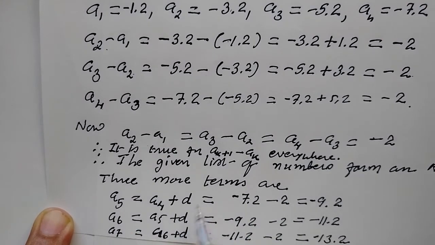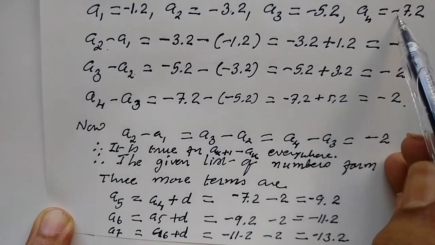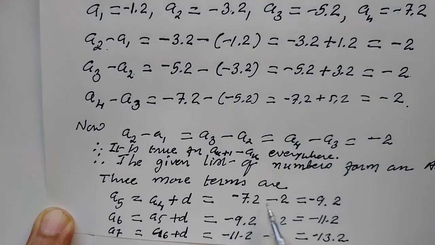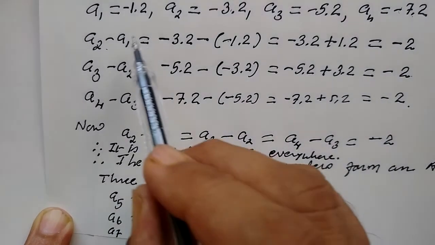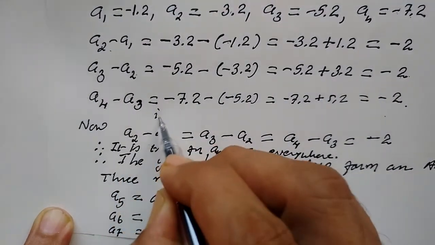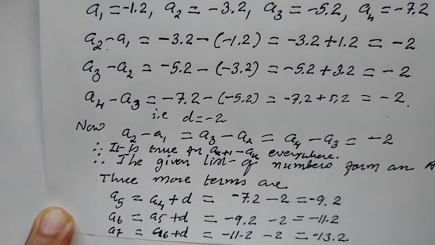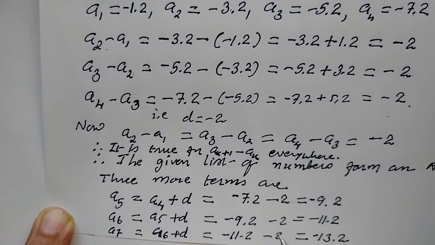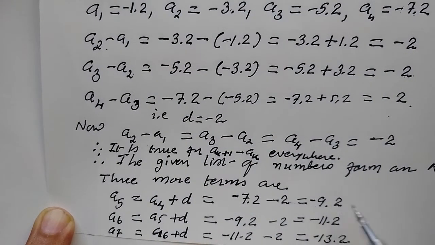So A4 plus D, A5 plus D, A6 plus D. What is A4? Minus 7.2. It is here. This we have written here. We have to add D. This is D, children. This we are finding. So D we are adding everywhere. So minus 9.2, minus 11.2, minus 13.2, children. Clear this sum?